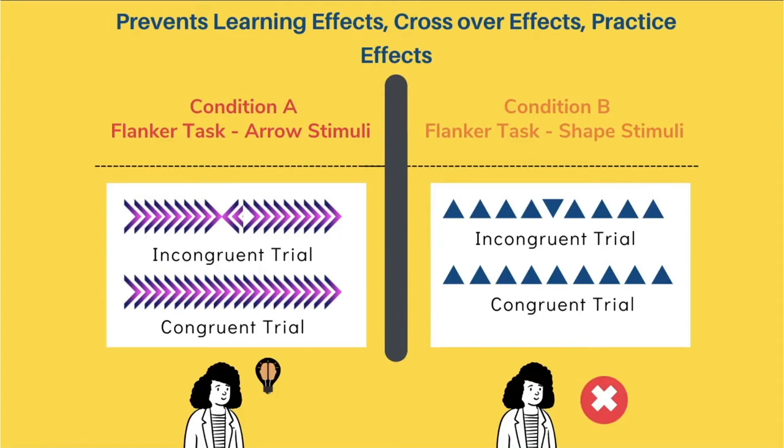In such a situation, we might conclude, however erroneously, that Ella has better cognitive control for shape stimuli as opposed to the arrow stimuli. This is the issue of practice, crossover, or learning effect, which is not faced in a between subjects design since we recruit different participants across the different conditions.